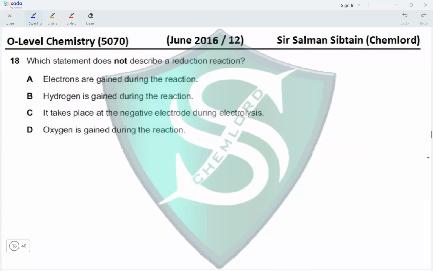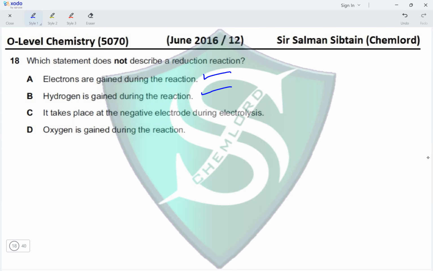Question 18. Which statement does not describe a reduction reaction? Electrons are gained during the reaction. Gain of electrons is reduction. Hydrogen is gained during the reaction. Gain of hydrogen is reduction. It takes place at the negative electrode during electrolysis.